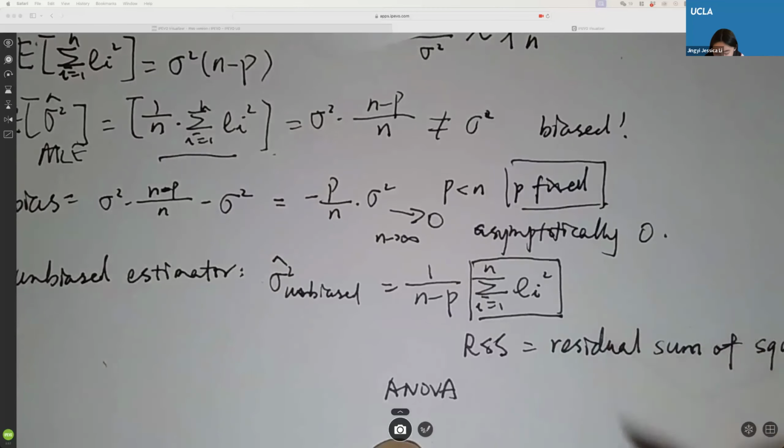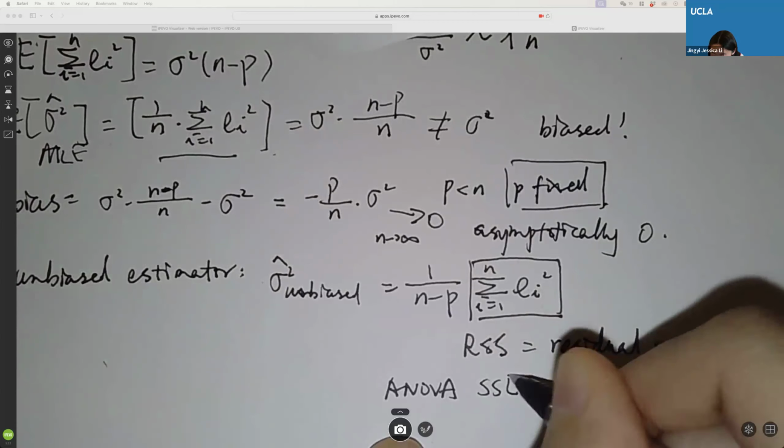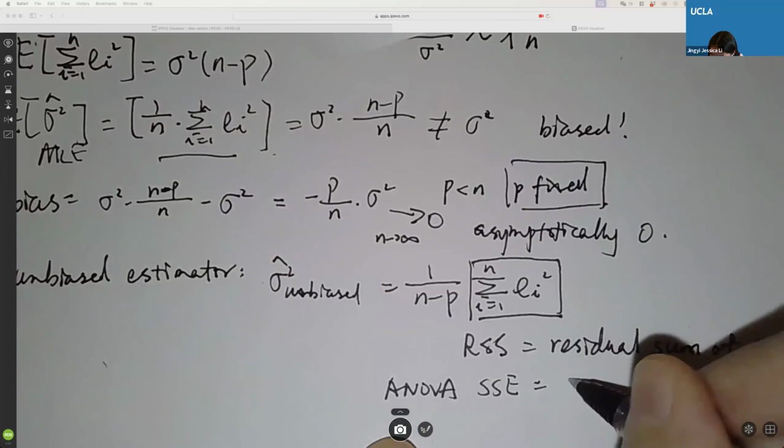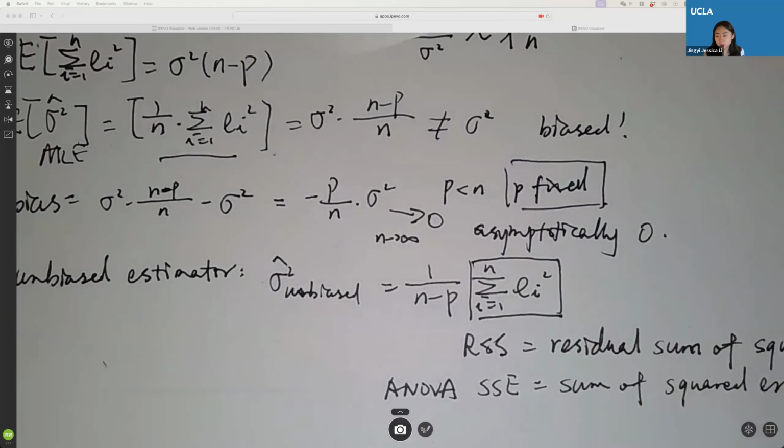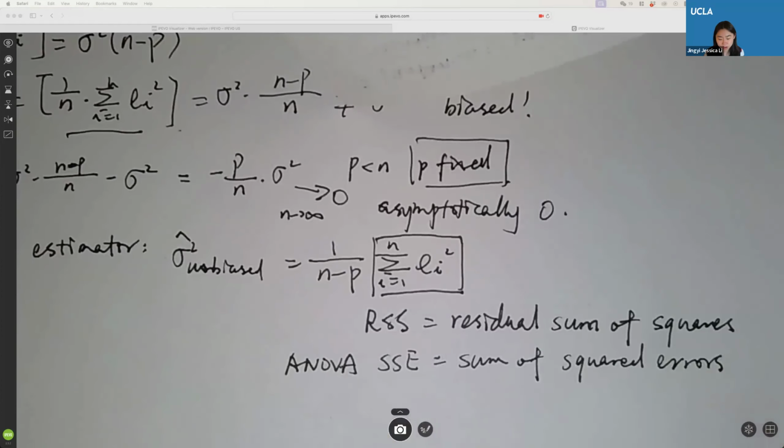In ANOVA, this term is referred to as SSE, which stands for sum of squared errors. I would say RSS is what I prefer because they're the residuals. But SSE is called squared errors, which can be somewhat confusing because we have the error term as the random variable, the epsilon. But still, that's what it is. It's in the literature. So when you see RSS or SSE, they both mean the sum of residual squares.